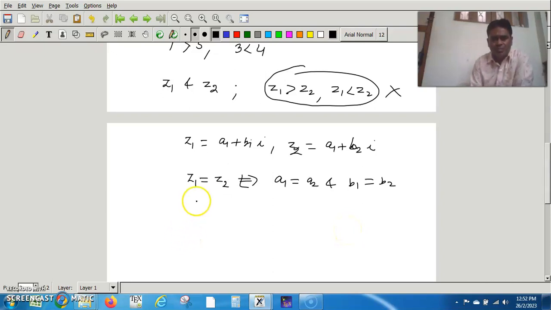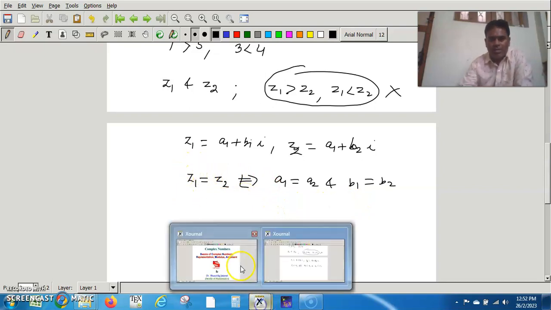So two complex numbers can be equated only when their corresponding parts are equal, means real part is equal to the real part and imaginary part is equal to the imaginary part. So comparison is not possible, but we can equate them.